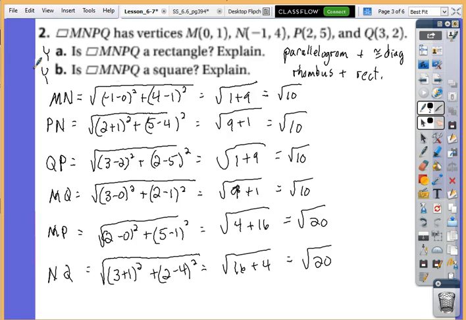Does that make sense? Just finding out all the sides were congruent isn't enough to know that it's a square, because it could have been just a rhombus. Finding out that the diagonals were congruent was key to finding out that it was a square, as well as a rectangle. Remember, squares are rectangles. Everybody okay with that? All right.